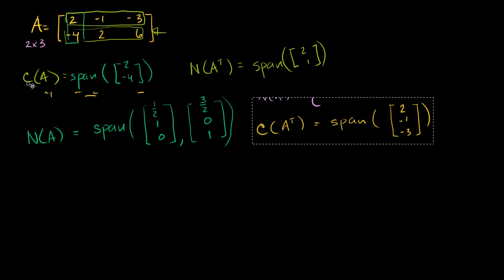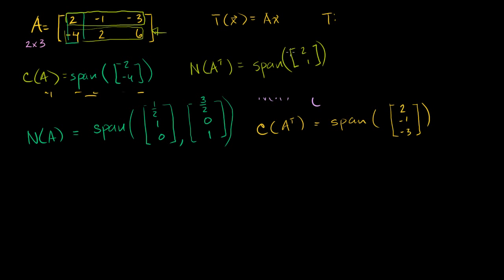Okay, let's see if we can visualize this now that we have them all in one place. So first of all, if we imagine a transformation T of x that is equal to A times x, our transformation is going to be a mapping from what? X would be a member of R3, so R3 would be our domain.